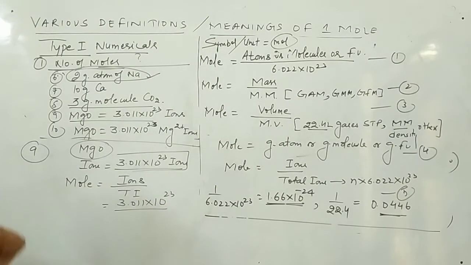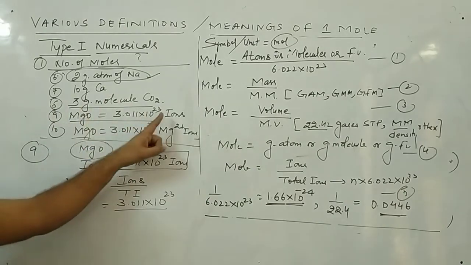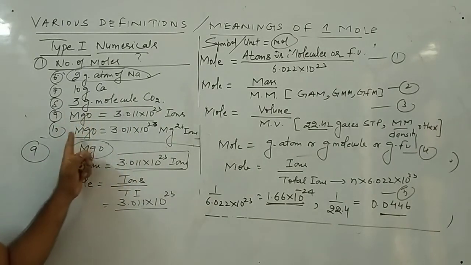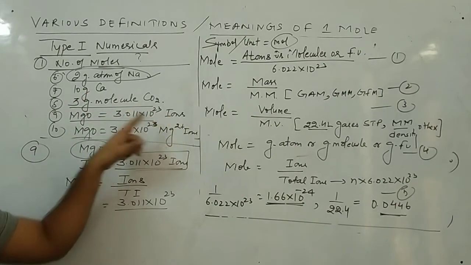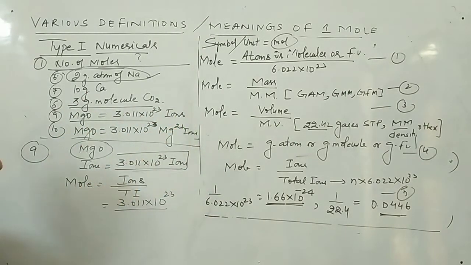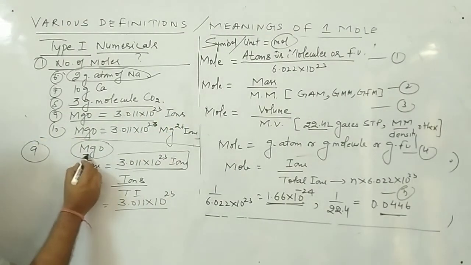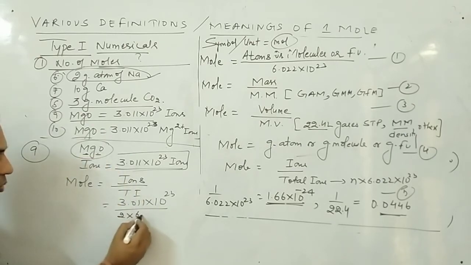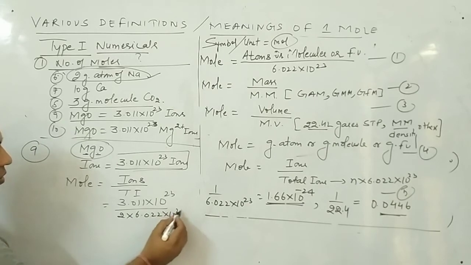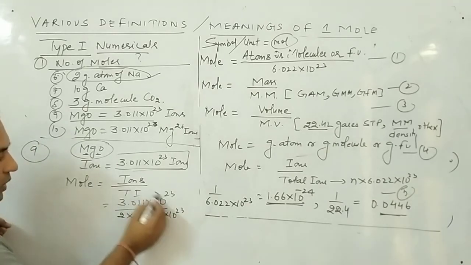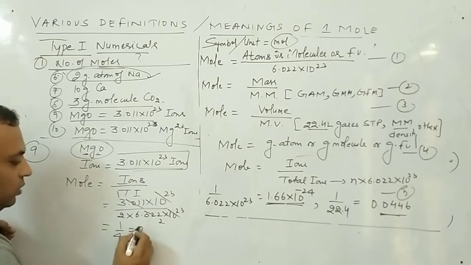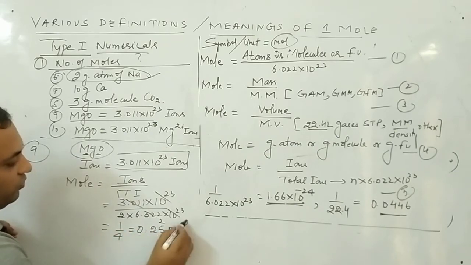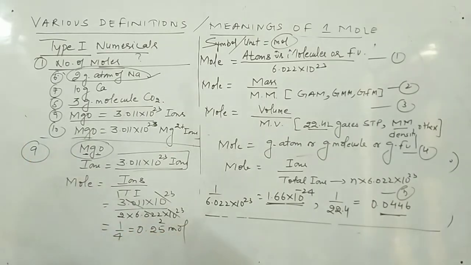Now see total ions. Remember, here the ions are total. In the next question, Mg2+ ions are there, but in this question, total ions means Mg and oxygen both. So total ions, how will I calculate? Magnesium plus oxygen, the number is 1 plus 1, 2, into Avogadro number. So this comes out to be, cancel out, 1 by 2, this will be 1 by 4. 0.25 mole. Understand now? Clear?